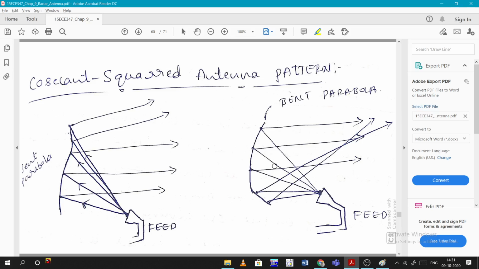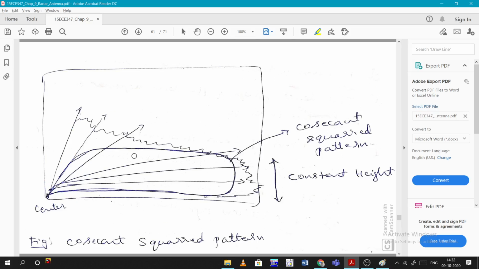While bending, we can define the direction the array should be focused on. In one position it is like this, and after I bend this edge, the direction changes.